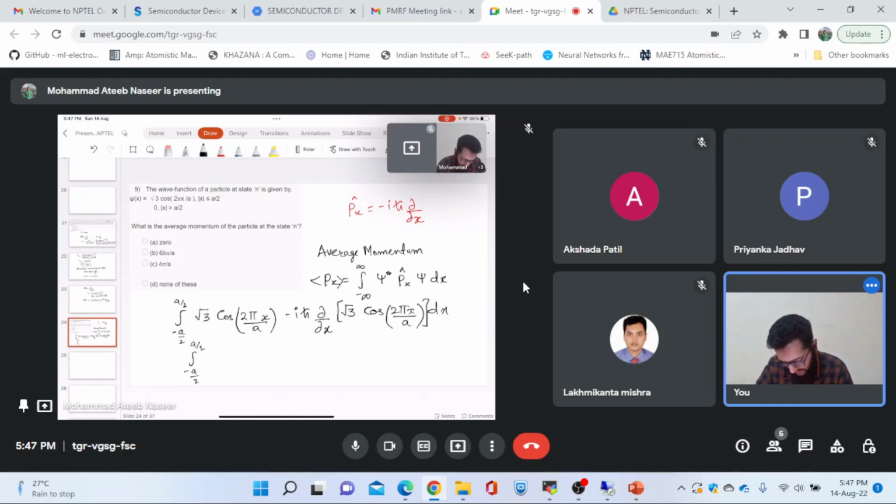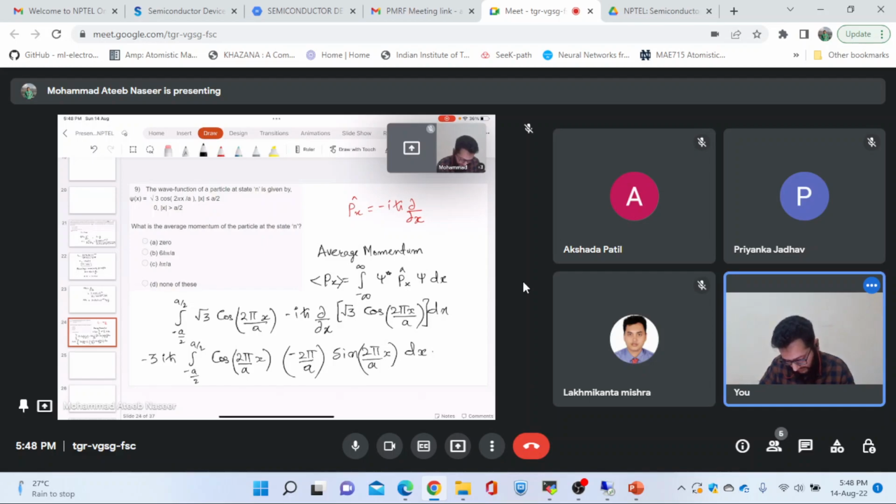Root 3 and root 3 multiplied will give us 3, and this will be minus i h bar, with the limits minus a by 2 to plus a by 2, cos of 2 pi by a x, and we know the derivative of this cos will simply be minus 2 pi by a sine of 2 pi by a x, with limits between minus a by 2 to plus a by 2.